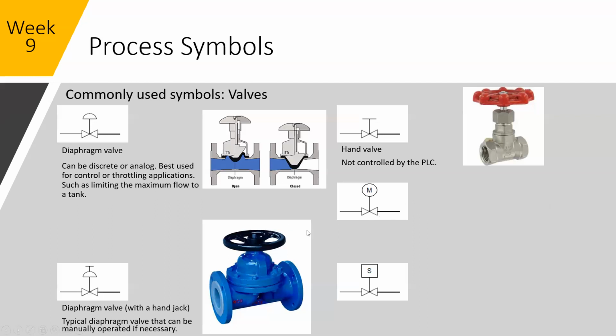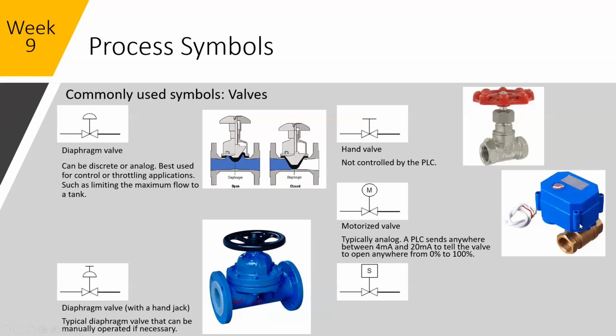Perfect. This next one here is a motorized valve. You've probably picked up on the theme that anything with a circle with a letter in it is normally a motor or control relay. The motorized valve here would typically be an analog valve. On the P&IDs that I see, that's true. You'd have a modulating valve for a lot of these applications, which just means that there's a motor.